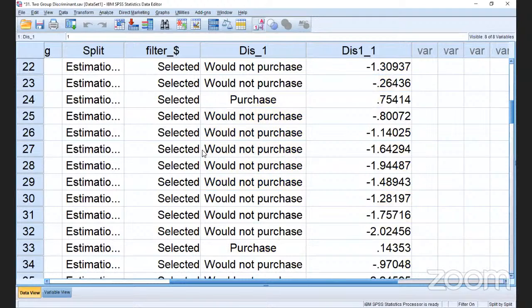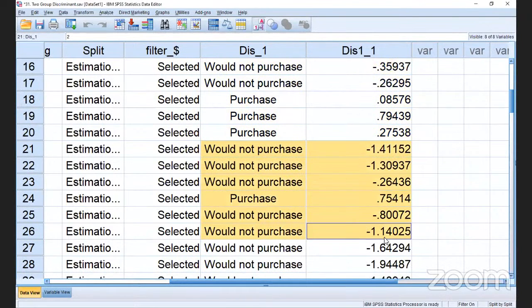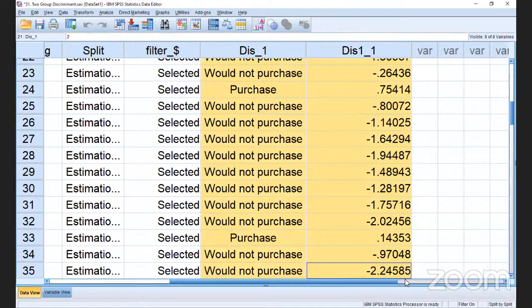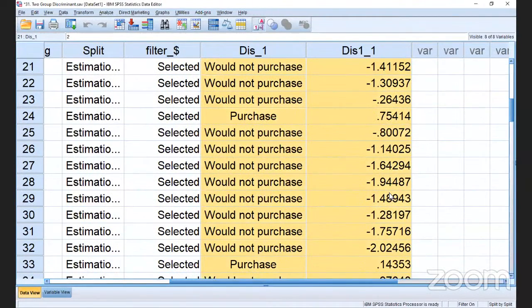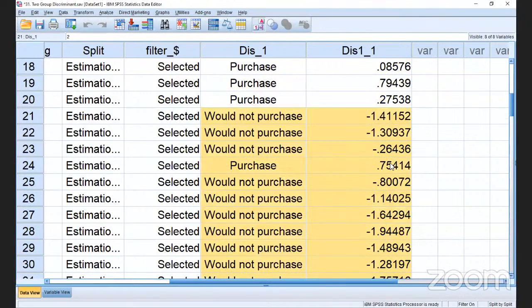And same here, negative values show they will not buy, and positive values they will buy. So here the positive value is a misclassification case. Actually it should be negative, but it is coming positive. So he will not buy, it is a misclassification.